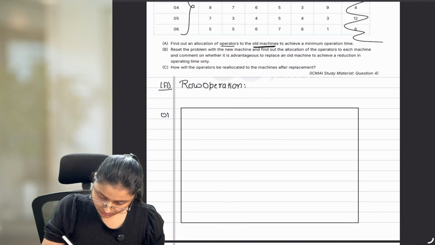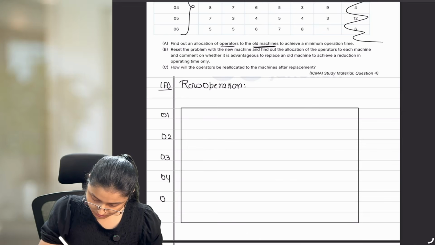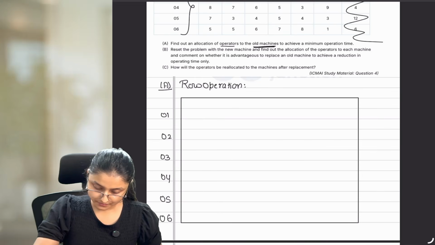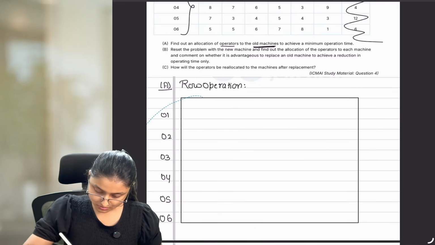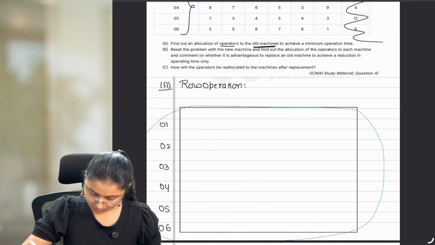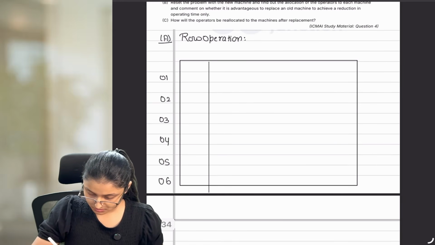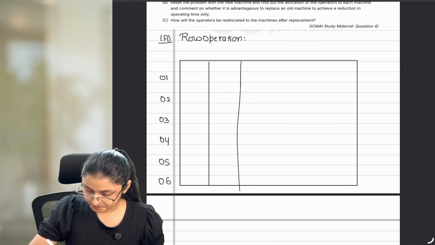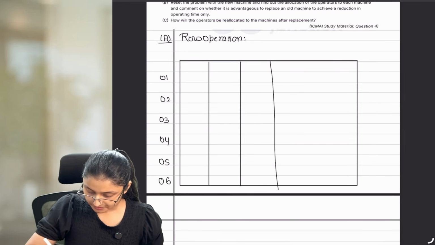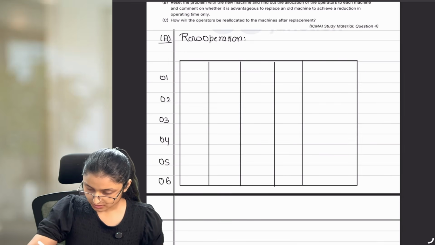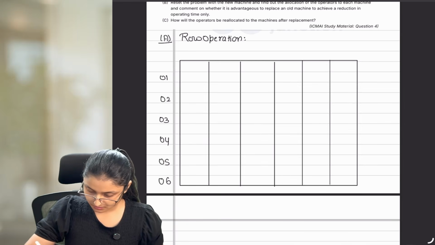Operator 1, 2, 3, 4, 5 and 6. And then machines. M1, M2, M3, M4, M5 and M6.